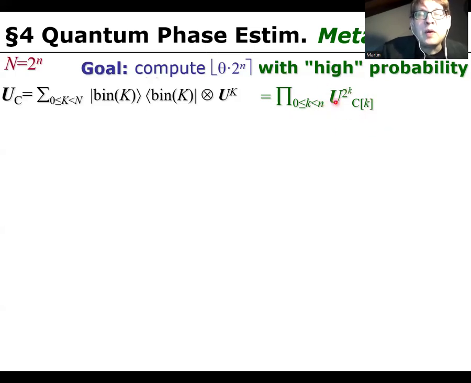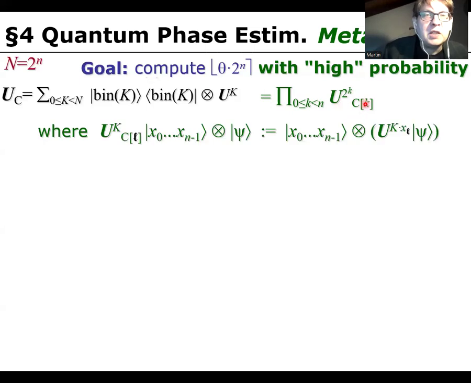Variant of using only integer powers of 2 of the original gate, where this is now an abbreviation for controlled powering depending on only one qubit. So this means raise U to the kth power depending on the value of the lth qubit in the first n qubits.